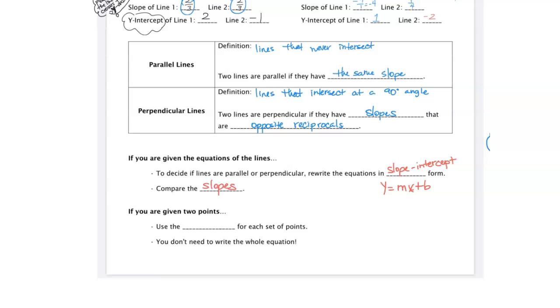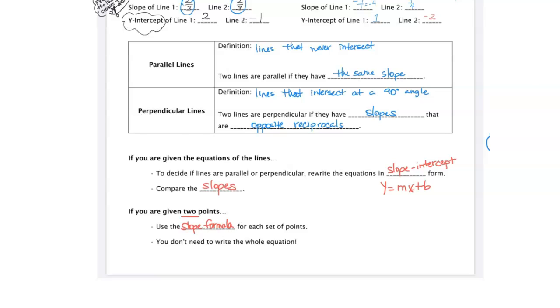If you are given two points, then we're going to use the slope formula for each set of points, and we don't need to write the whole equation. We'll just use the slope formula and determine whether those two slopes are the same or if they're opposite reciprocals.